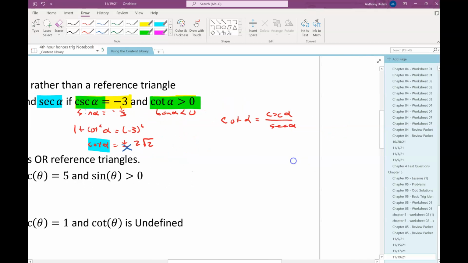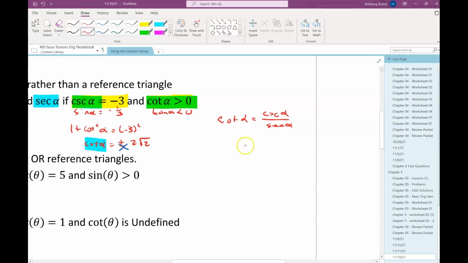Yeah. And now I'm just going to solve this for secant. So multiply both sides by secant, and then divide both sides by cotangent. And now I can plug in my values for cosecant that I know, so -3, and my value for cotangent, 2√2. And if I rationalize my denominator, I end up with -3√2 over 4.